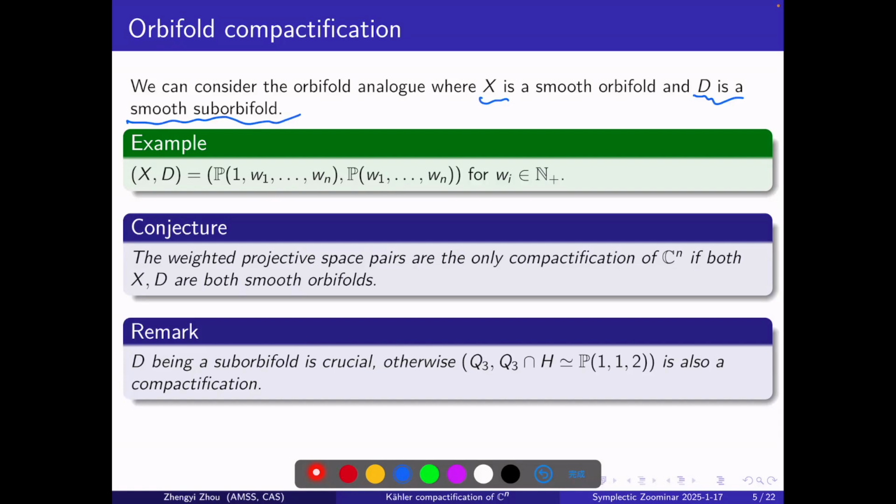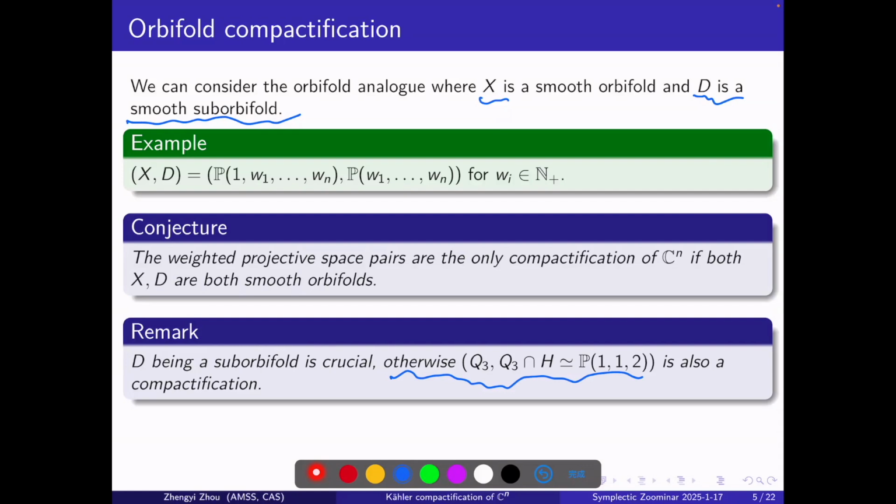So the isotropy group of a point in D must be the same as the isotropy of that point in X. The singularity is not from D itself, but inherited from X. The reason it's important is that if you take this example, then the divisor itself is, as a variety, the same as a weighted projective space. So this justifies this condition.